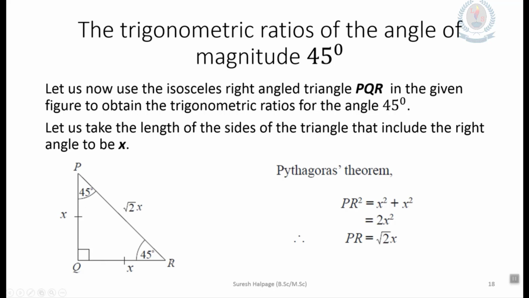So this length is x. This length is x. So we can find out hypotenuse. Use Pythagoras theorem. Hypotenuse squared equals x squared plus x squared. So you can find PR equal to root 2x.